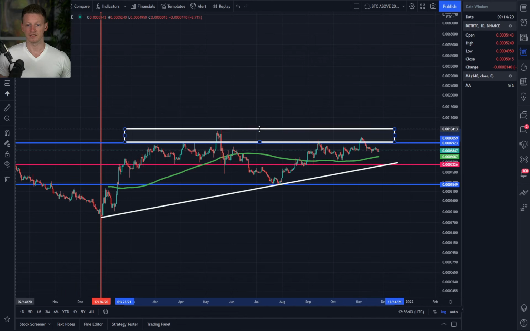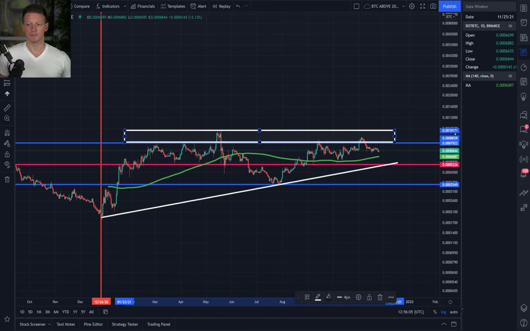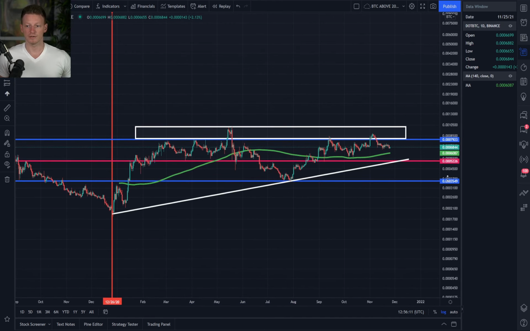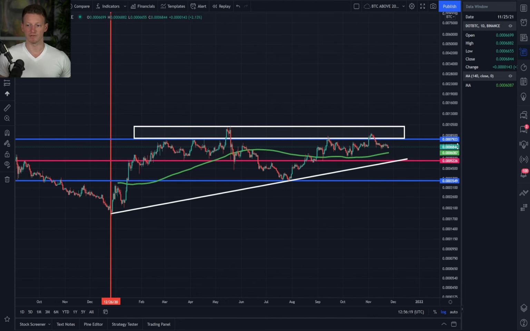Okay. So anywhere between 0.001 and 0.0009. Currently we're sitting at around 0.0007, but we'll call it 7 for ease of reference here.